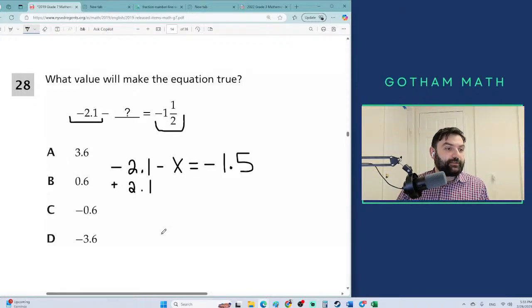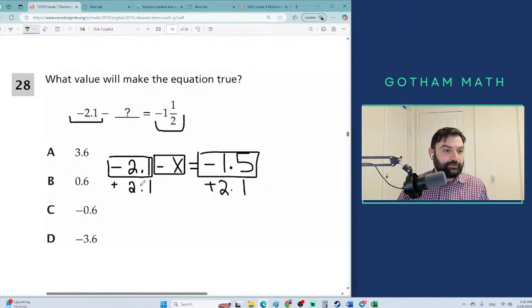What's also important is that minus: if you box every single term separately, then this is still negative x, and it's going to stay there even after we add 2.1 to both sides to eliminate that negative 2.1. This will drop down as negative x equals, and what we have to do is going to be positive 0.6.